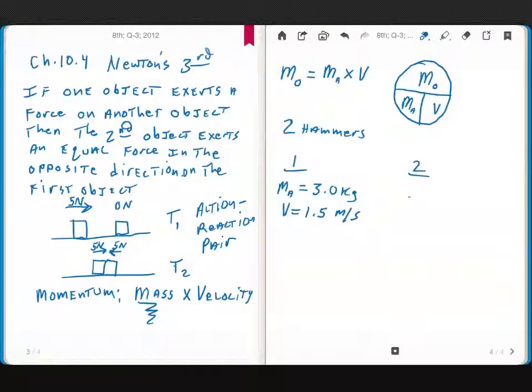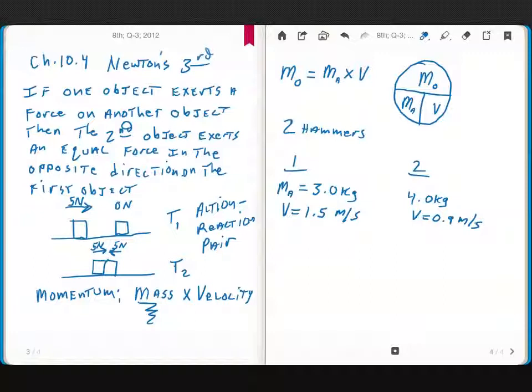That smaller sledgehammer hits a large sledgehammer. The large sledgehammer weighs 4.0 kilograms, and it's traveling with a velocity of 0.9 meters per second.